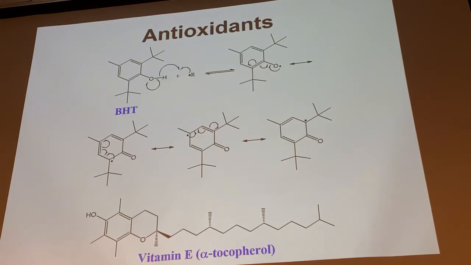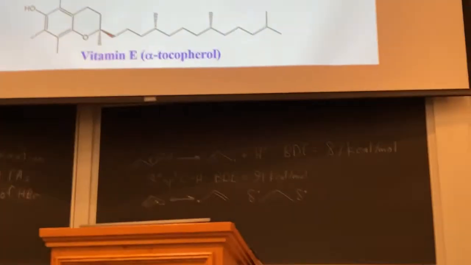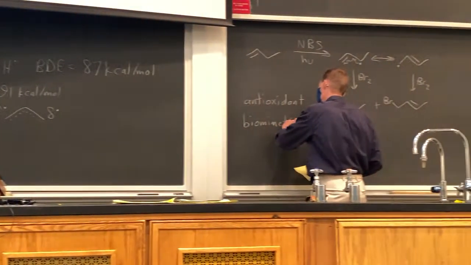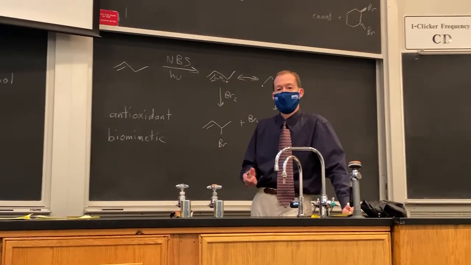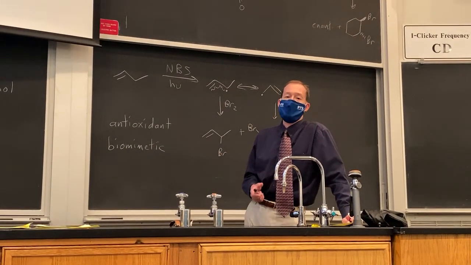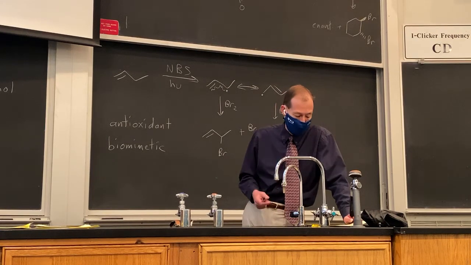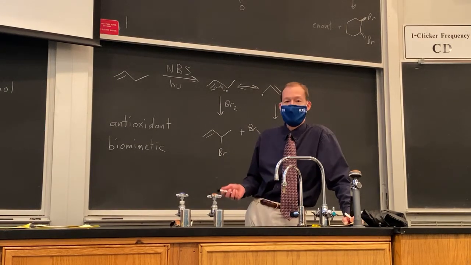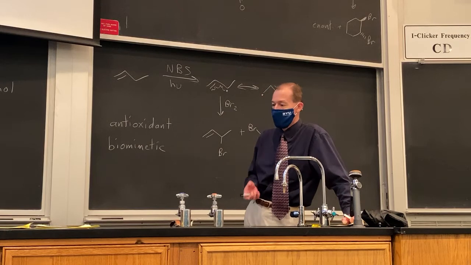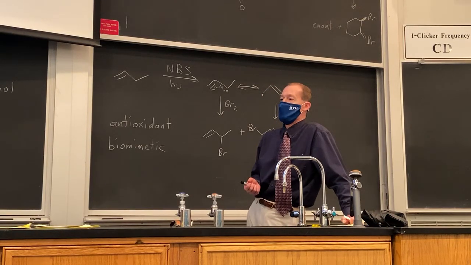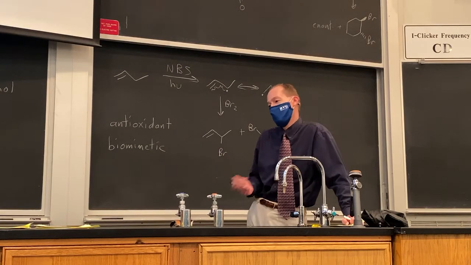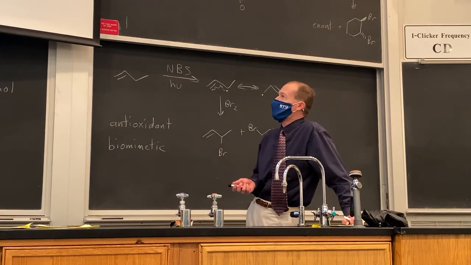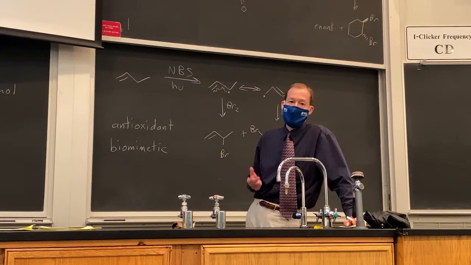BHT is an example of something we refer to as a biomimetic compound. Okay, so biomimetic means something that is mimicking a molecule or mimicking some chemistry that occurs in nature. Okay, many times organic chemists draw great inspiration from the chemistry that takes place in nature. And BHT is a synthetic molecule.